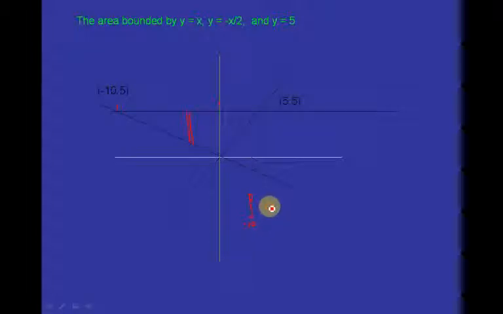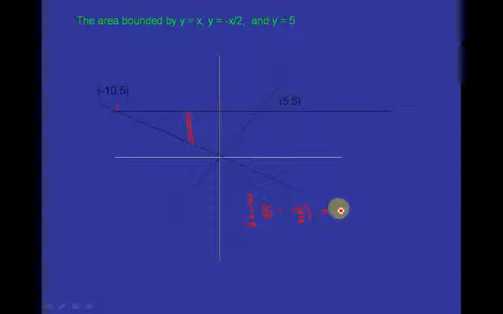So 5 minus the lower bound, which would be minus x over 2, which is going to be 5 plus x over 2. So it looks good so far.